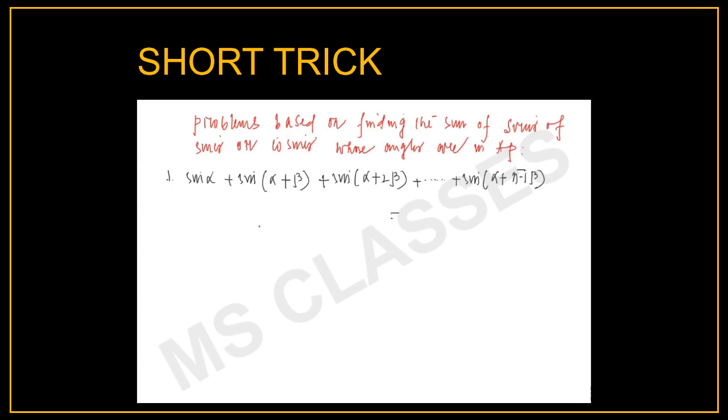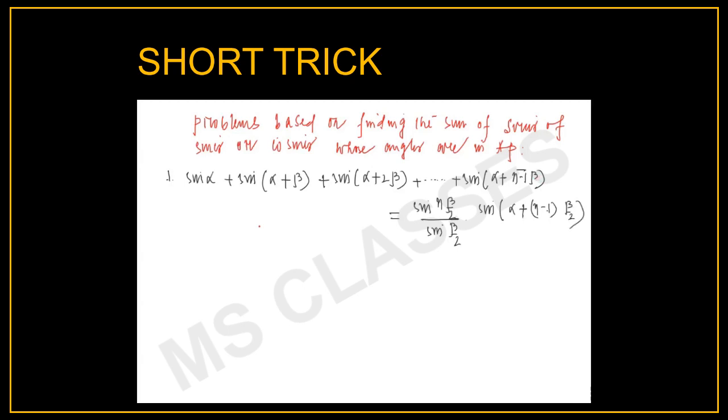This will be sine n beta by 2 by sine beta by 2 into sine of first angle plus last angle by 2, and that gives us sine of alpha plus n minus 1 beta by 2.